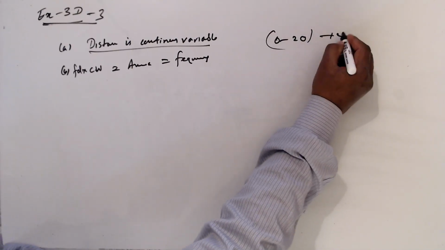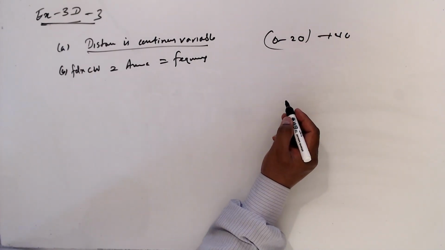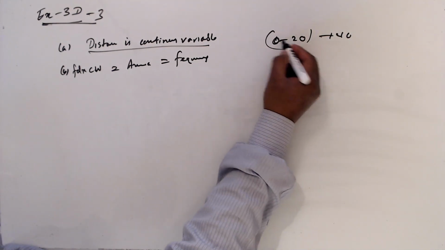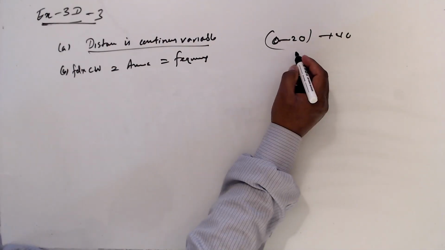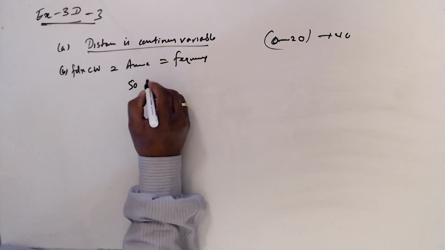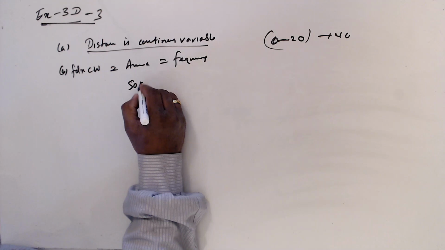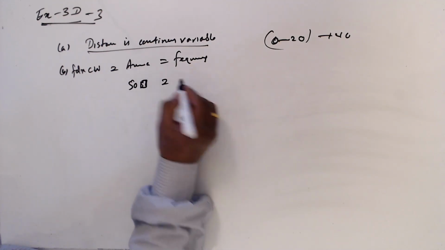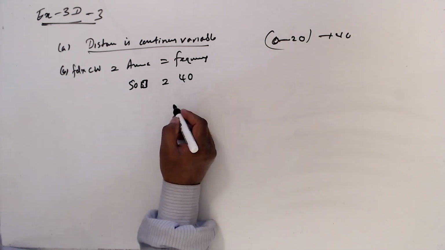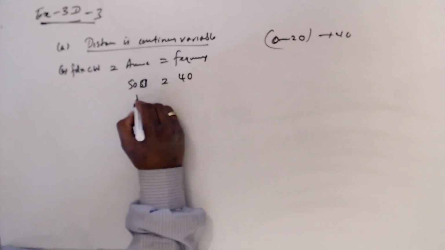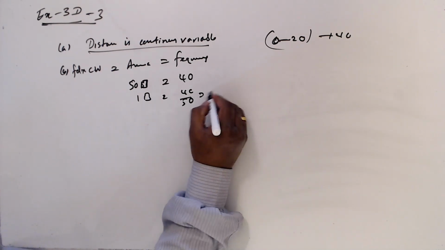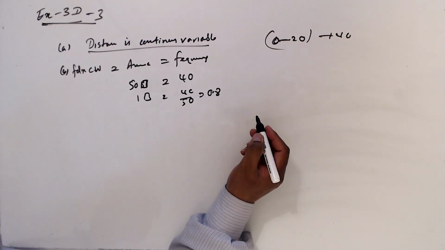There are 40 people. So 0 to 20, how many small squares are there? You can see that there are 50 small squares. 50 small squares represent 40 people. Then one box represents 40 divided by 50, which is 0.8 people.